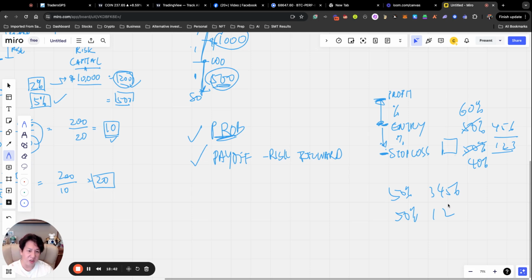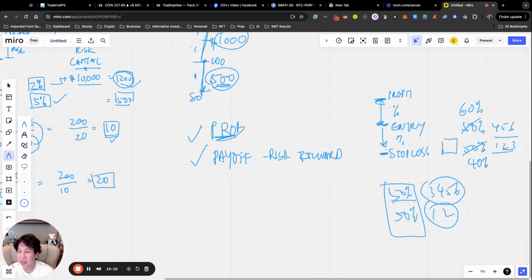Then in this case, you have a better risk reward ratio, because the chance of it losing is less compared to the chance of making money, even though your probability is only 50%. So these are examples that can help you to be profitable.